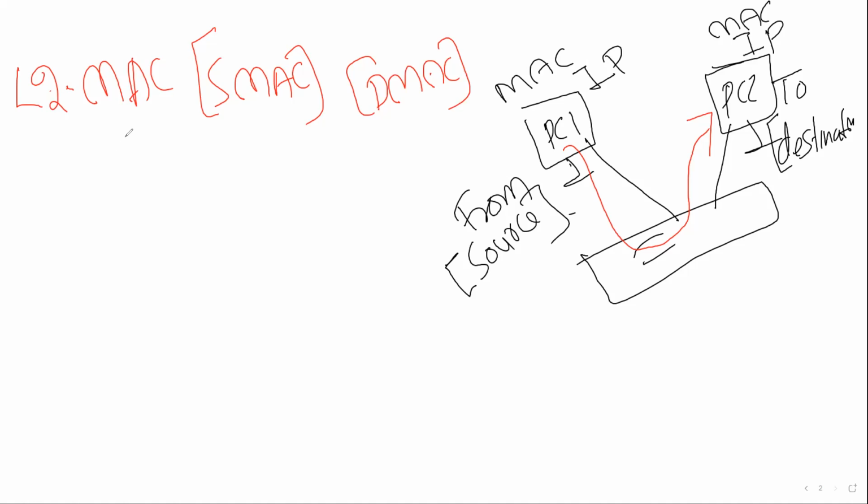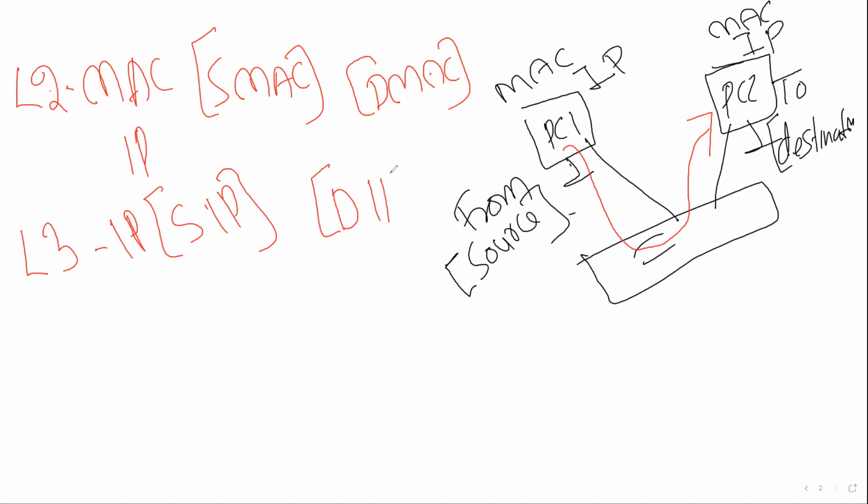Then from layer 2, you will come to know what protocol you are using in layer 3, whether it is IP or IPX, and even in IP, whether it is version 4 or version 6. Then you come to know about layer 3, which is the IP address. In layer 3, you need to know your source IP and your destination IP.